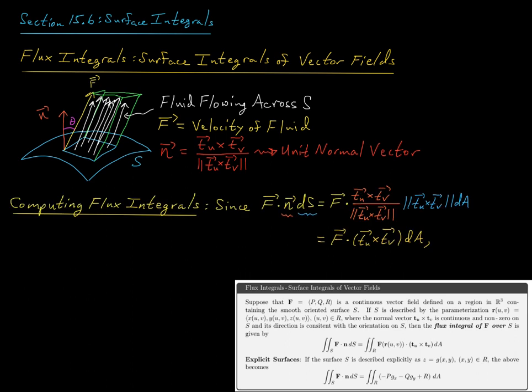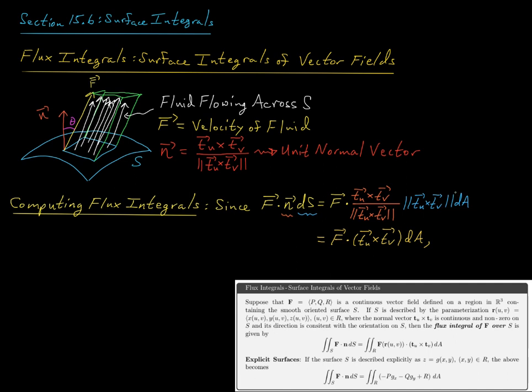Well, we've been talking about computing surface integrals in terms of the parameterization for the surface S. And we're going to do that same thing here. Now note that this quantity F dot n dS simplifies quite a bit because of the following fact. n is tu cross tv divided by its magnitude, and dS, as we've derived, is the magnitude of that cross product vector times dA.